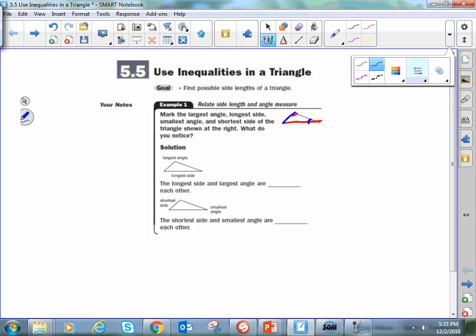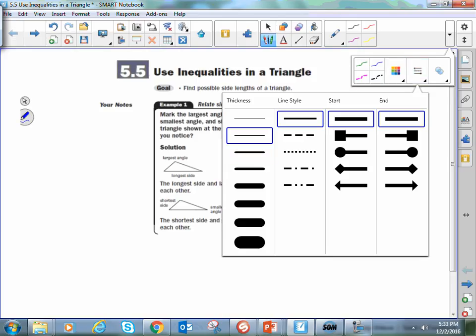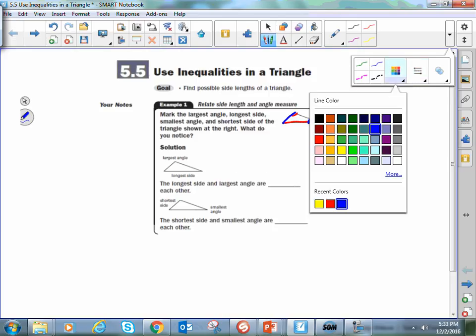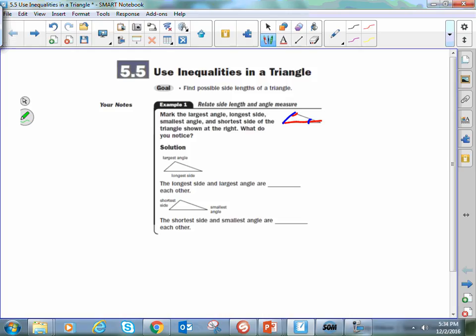My pen is awfully wide, so let me change that. Let's see, what color will show up okay. I don't know if yellow works. Let's do green. So the next one in the middle is that one right there.